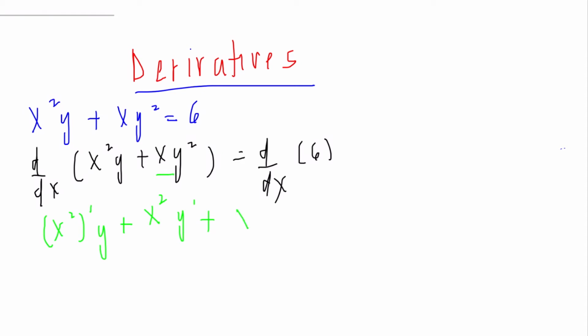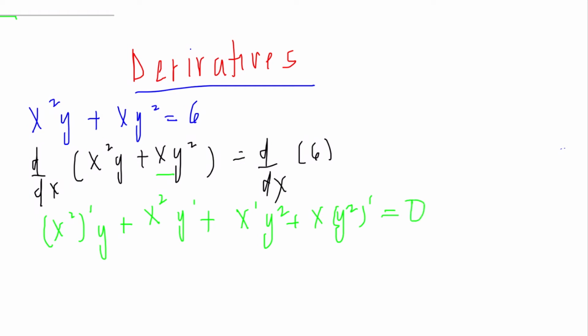So we'll differentiate x and then keep y squared, and then plus keep x and then differentiate y squared. Okay, and of course if we differentiate 6 with respect to x, it is going to give us 0 because it's a constant.